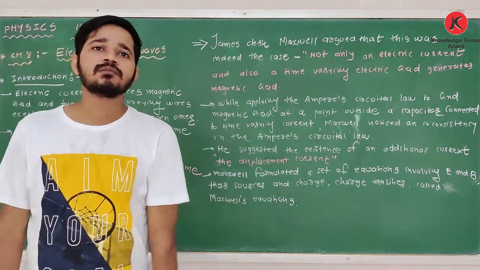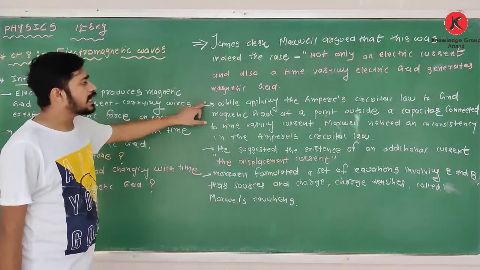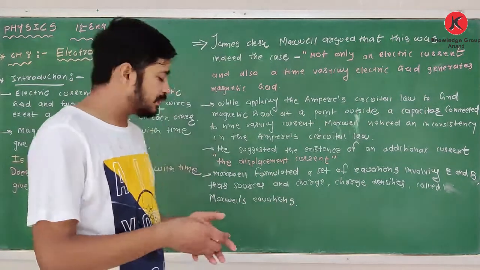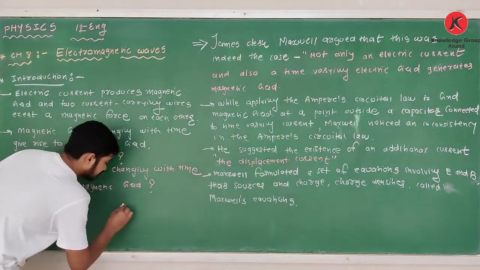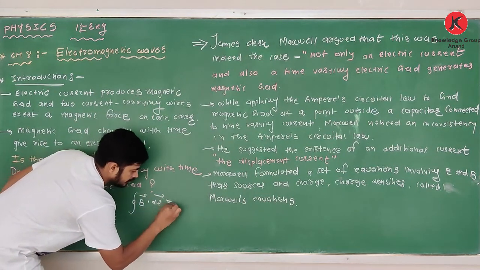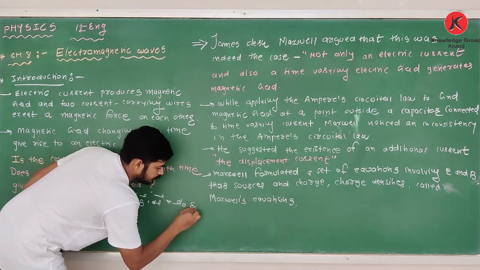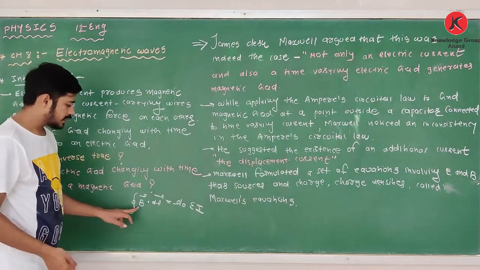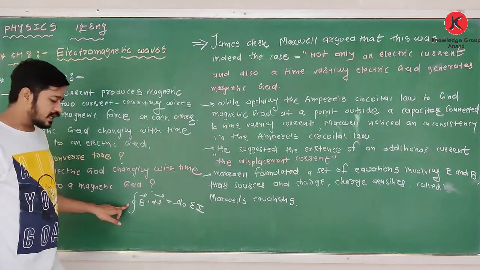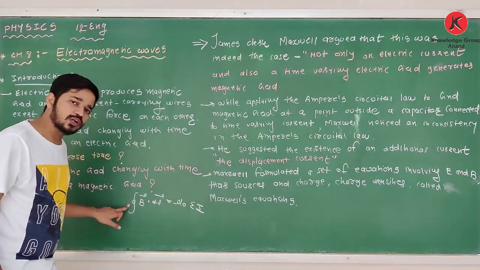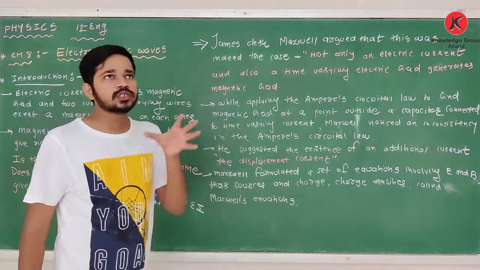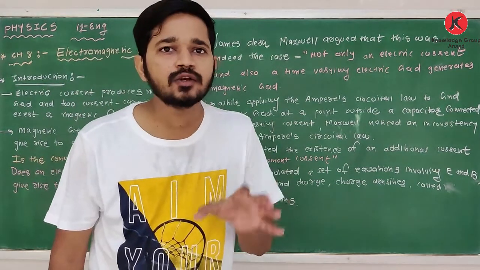While applying Ampere's circuital law, what is Ampere's circuital law? If you remember, it is the integration of B dot dl equal to mu 0 sigma I, where the left side is the line integration of the magnetic field over a closed loop, equal to the product of mu 0 and sigma I, the total current enclosed by any closed loop.